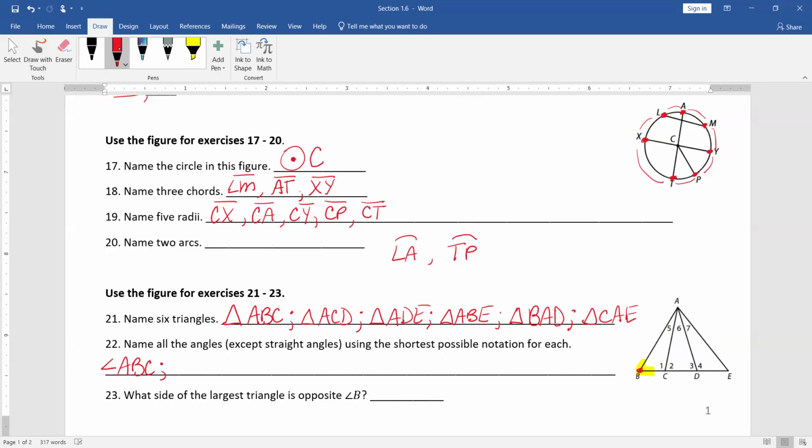And then of course I'm going to go ahead and get the other corner as well, AEB. That's this one over here. And then I'm going to get the big angle at the top, this bit right here. It covers the whole thing. So that would be angle BAE.